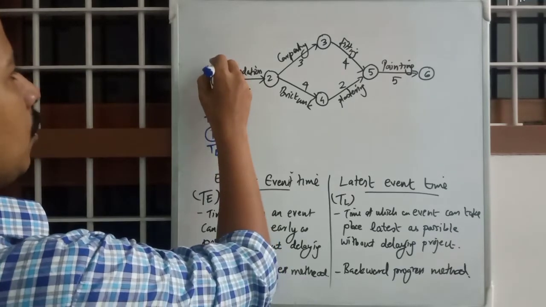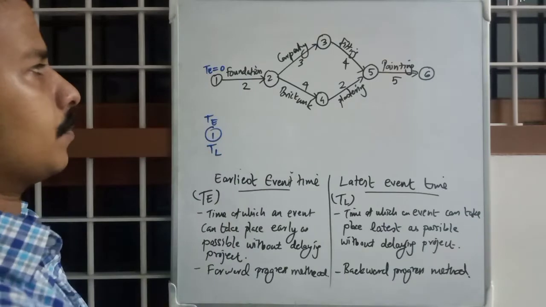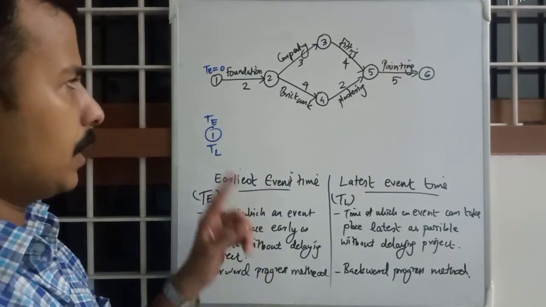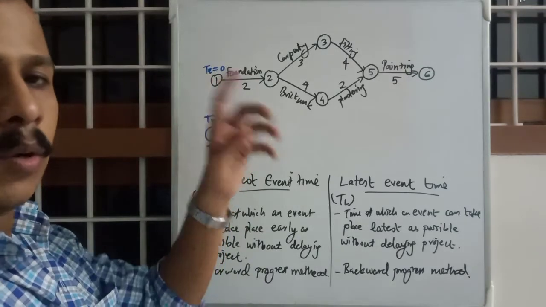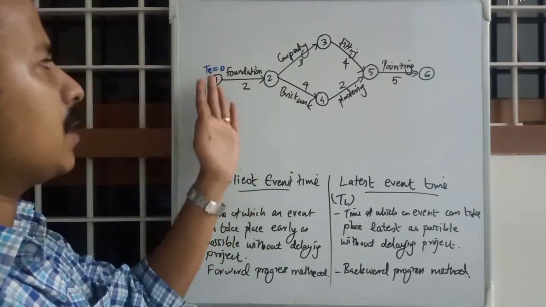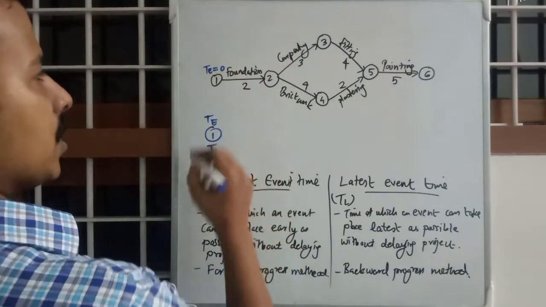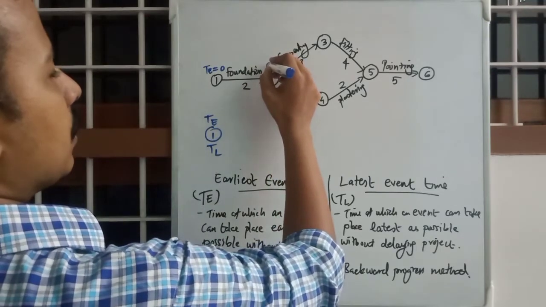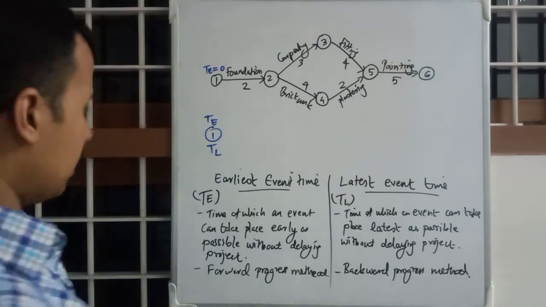First, obviously TE will be equal to 0, because it is a starting event. TE of the first event will always be 0, always. We will start from 0. What will be TE of the second event?